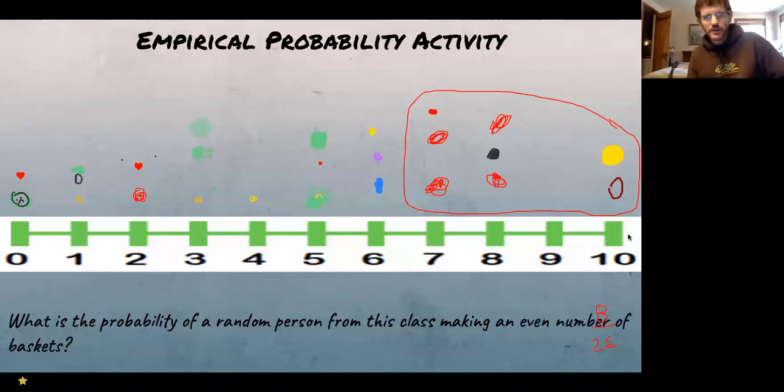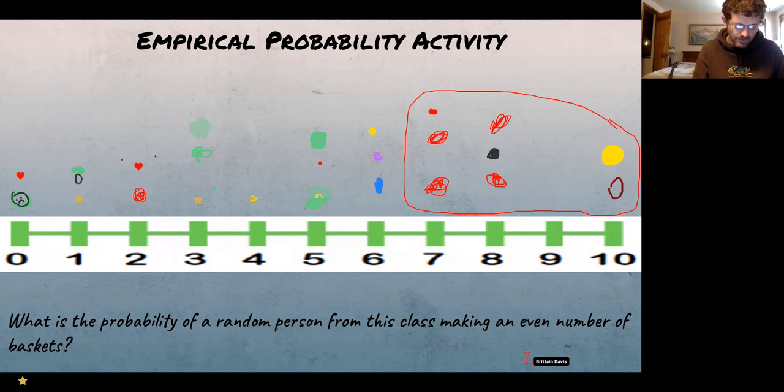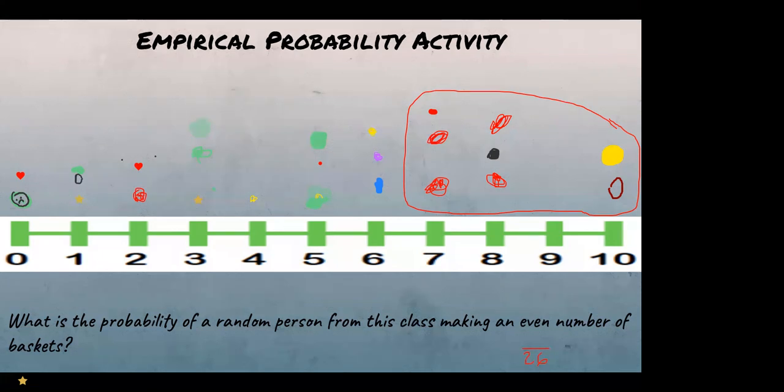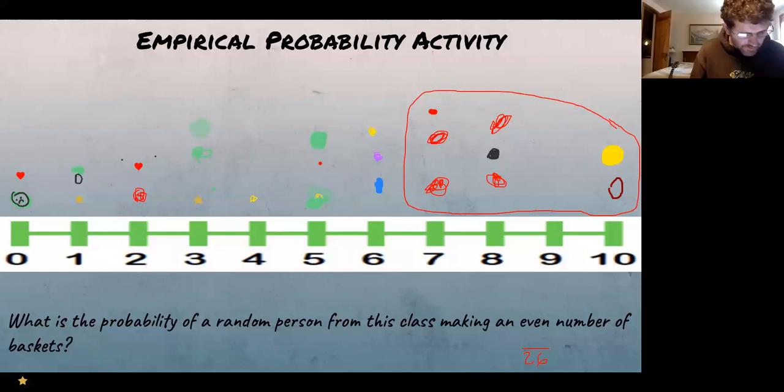And the probability of someone making an even number of baskets. Twelve out of 26. Okay, I got 11, but that might just be we're counting different dots.